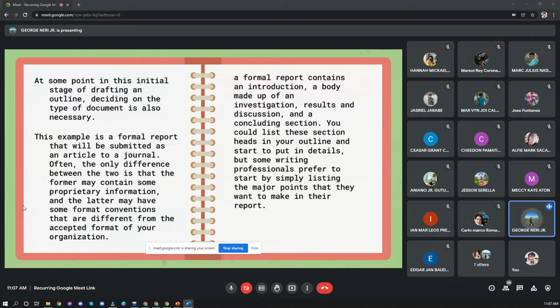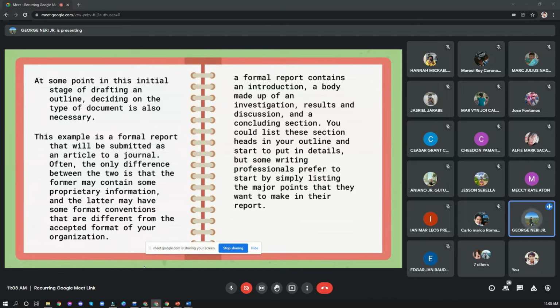This example is a formal report that will be submitted as an article to a journal. Often, the only difference between the two is that the former may contain some proprietary information and the latter may have some format conventions that are different from the accepted format of your organization.